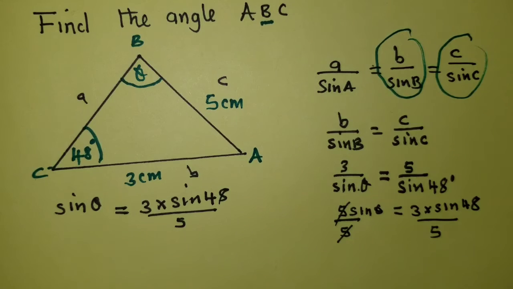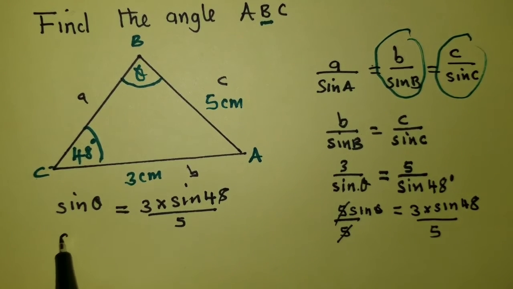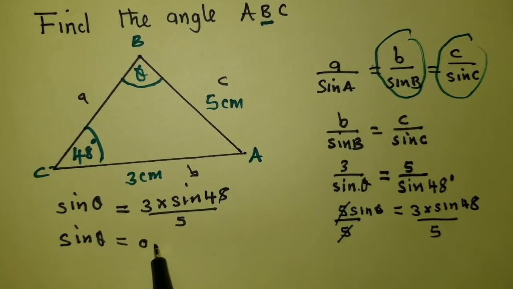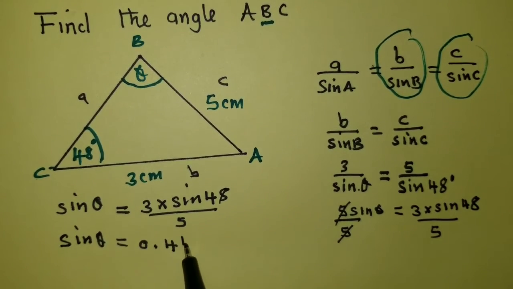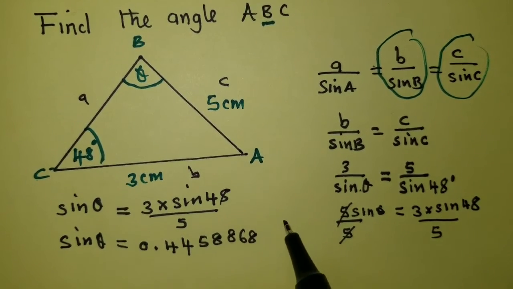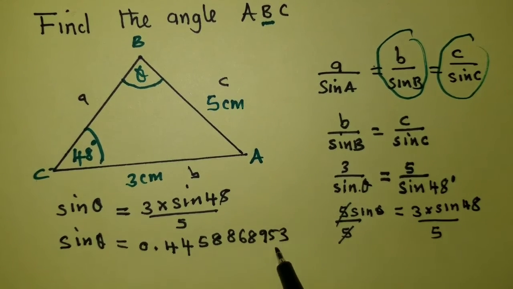So when we punch all this on our calculator, we shall remain with sine theta equal to 0.445886953.